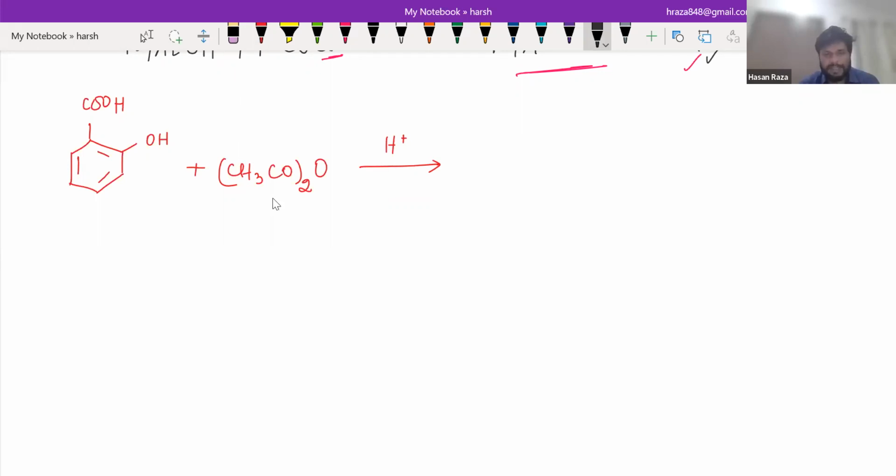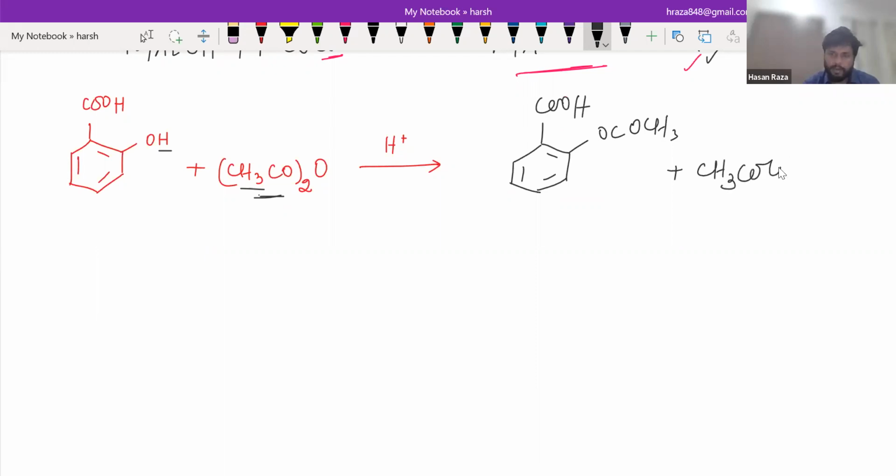Since acid anhydride reacts only with alcohol, this alcohol group will be converted into ester, OCOCH3, and this will be COOH as it is. And there will be another formation of CH3COOH, because CH3COO combines with H to form carboxylic acid.